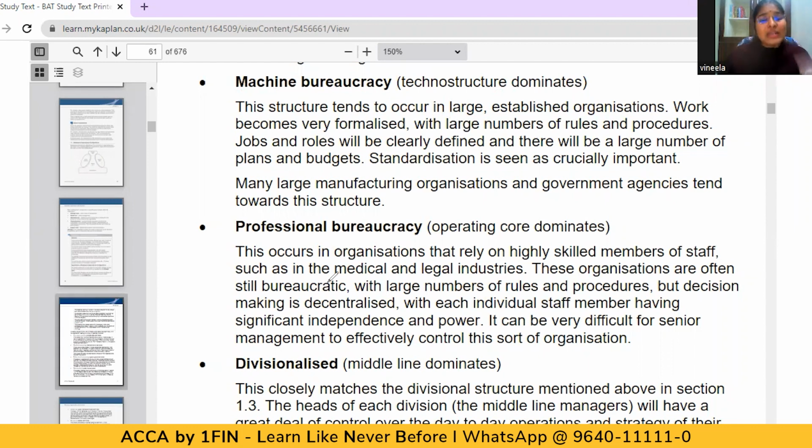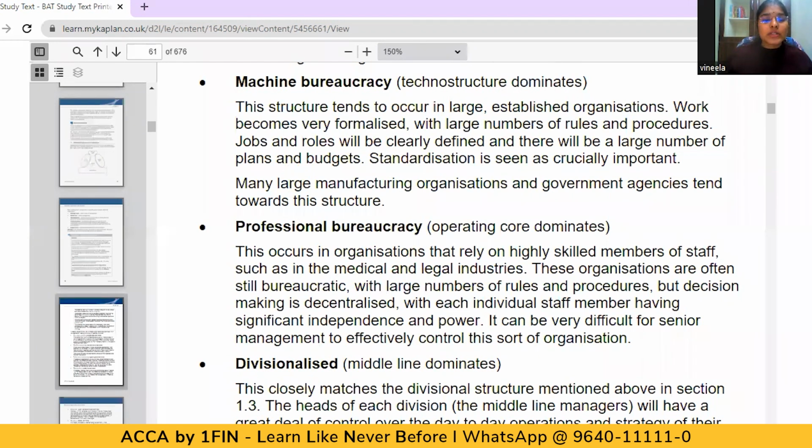They'll have properly clear jobs and roles, and government organizations are already well established large organizations. So make sure you remember this: large and established organizations, rules and procedures, jobs and roles are clearly defined, and there will be a proper plan and budget. This organization is famous for its standardization.